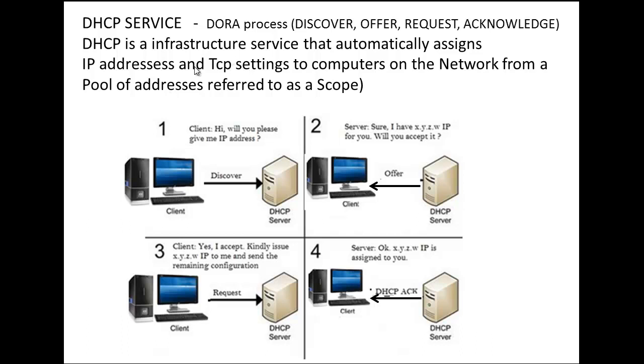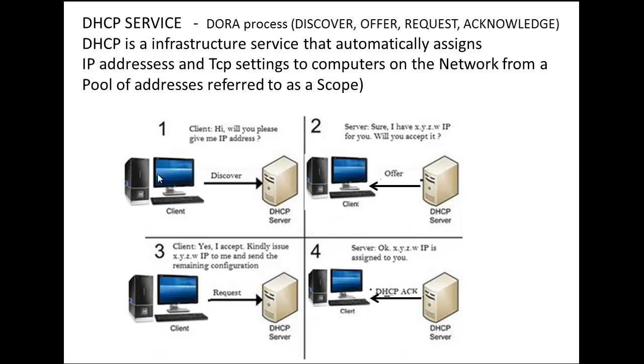We want to look at the process of allocating IP addresses. We're going to look at 4 steps: the discover step, the offer step, the request step, and the acknowledge step. You have your client computer here. The client computer is turned on, and the client computer says, I need an IP address. I cannot communicate on the network unless I have an address.